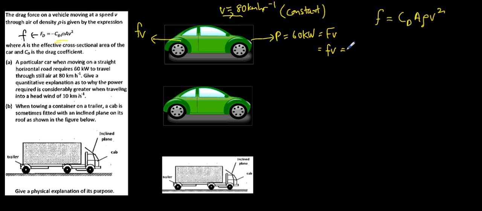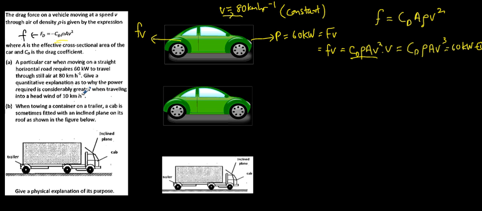Now small f is CD rho A v square, times the v, so it becomes CD rho A v cube. And this equals 60 kilowatt. Keep this equation.